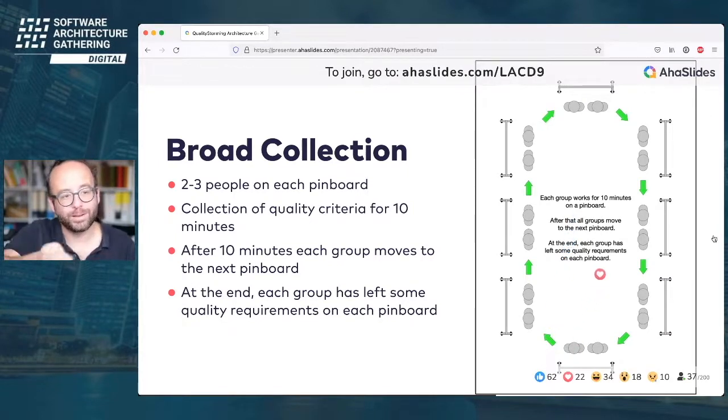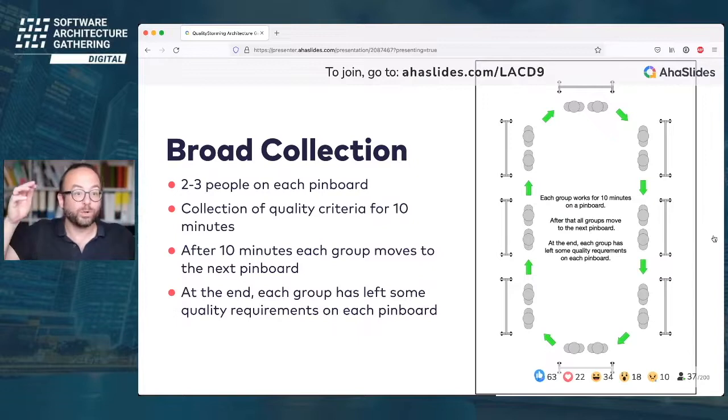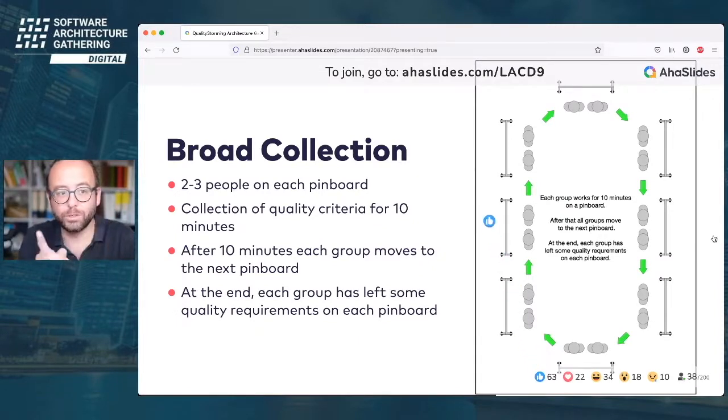Maybe you start as a facilitator sticking up totally nonsense quality requirements where everyone says, oh no, that's utter bullshit. And then you ask them, okay, this is bullshit. What do you consider to be reasonable? Let's talk. Okay, let's write that down and put it on the wall. You need to make sure that people get going in the first run.